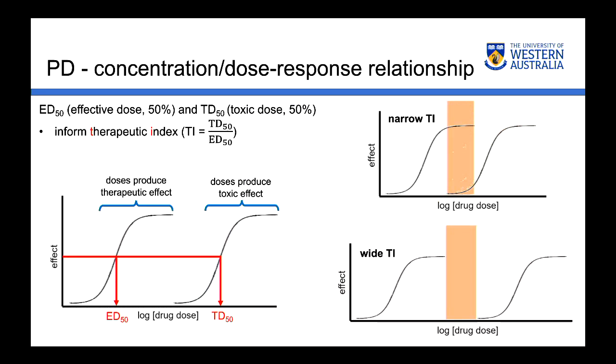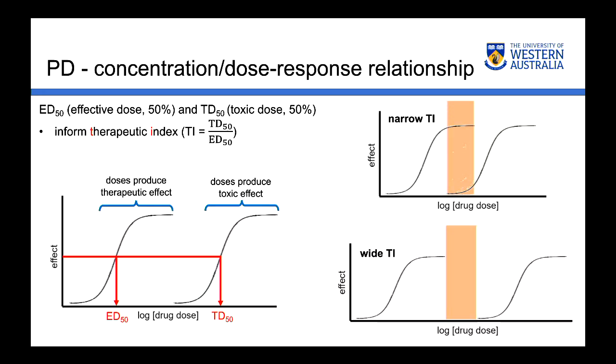What we want to do when we extract information from these two curves, particularly in the case of a population study, is to work out ED50 and TD50, so the effective dose that produces a response in 50% of the test population, and a toxic dose that produces a toxic response in 50% of the population. From there, we can use the information to inform the therapeutic index of the drug.